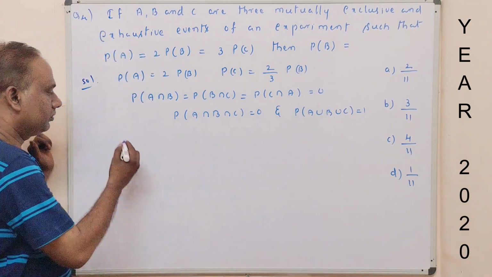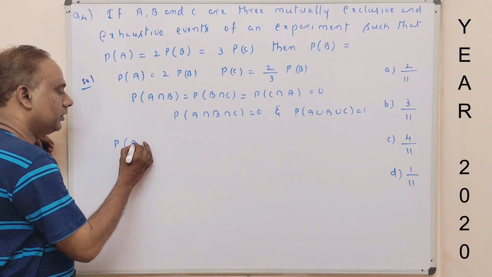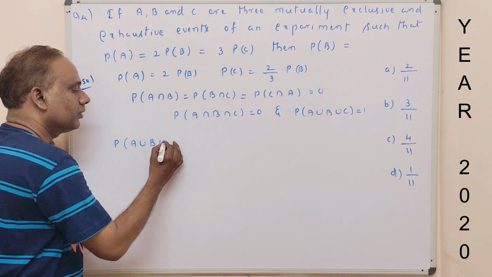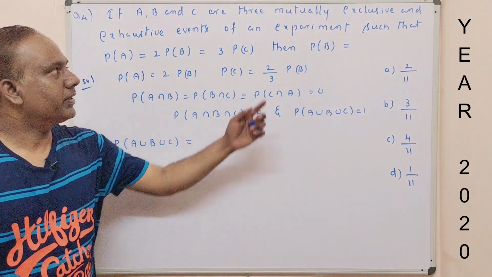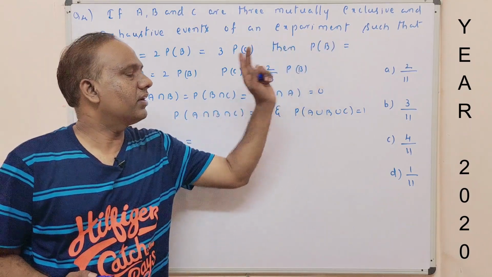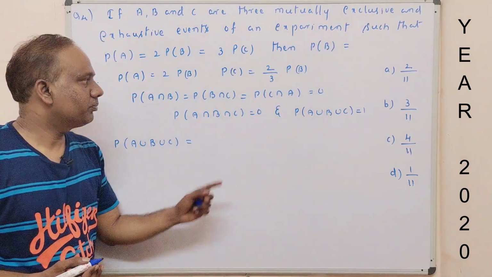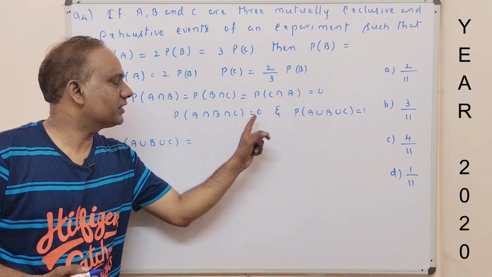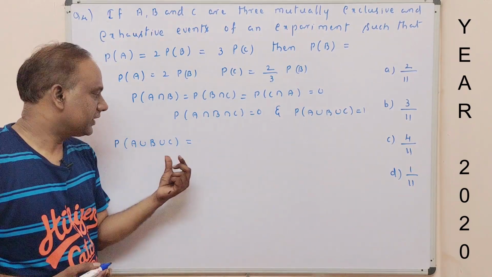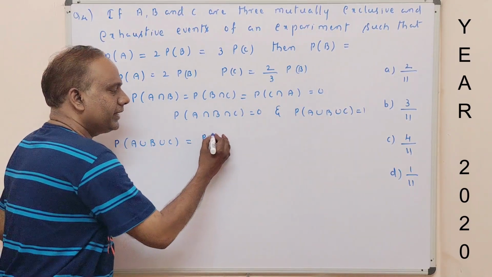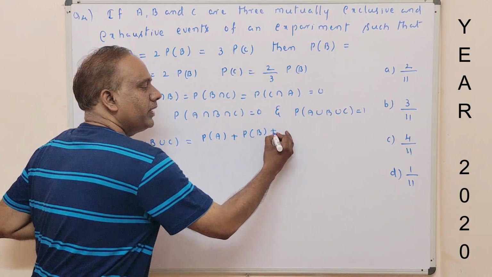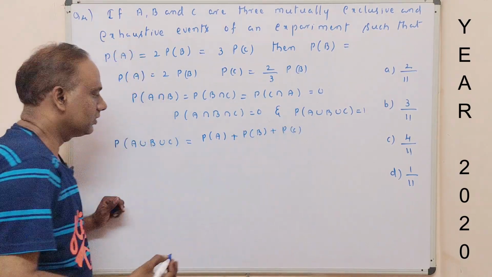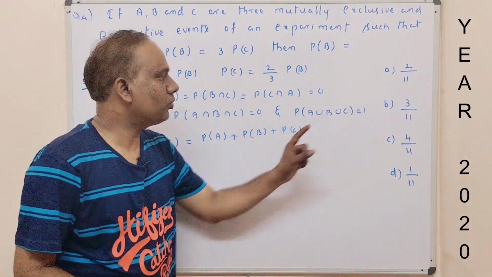So P of A union B union C is equal to, I write directly the formula because it is mutually exclusive events. Because this intersection value is equal to 0. That's why this is equal to, the formula is P of A plus P of B plus P of C. So this value is equal to 1.